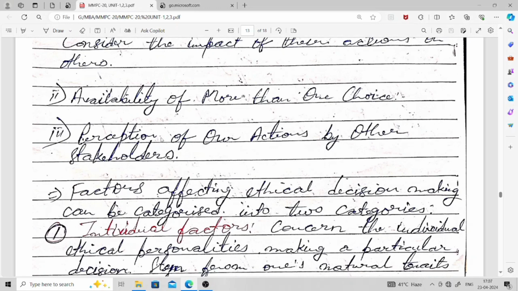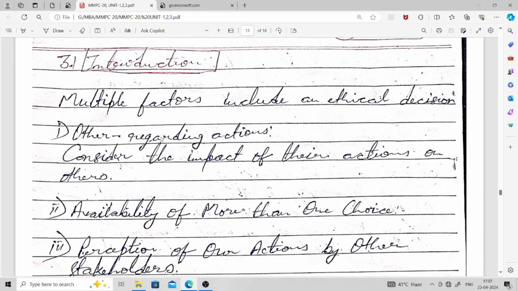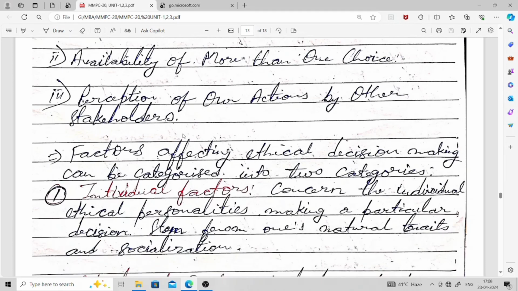These are the multiple factors you need to consider when you make an ethical decision. If you don't consider these factors, then your decision will not be under ethical consideration.